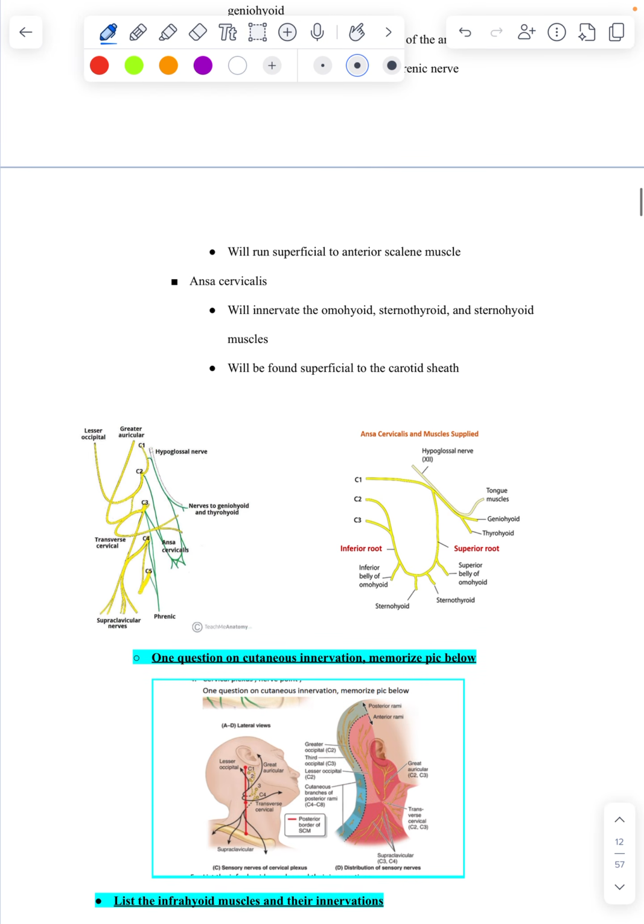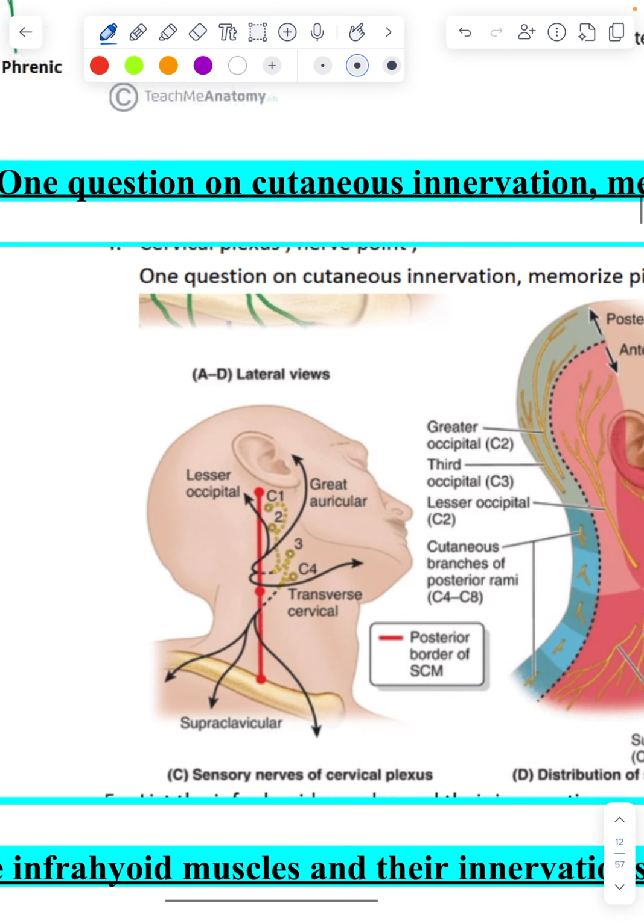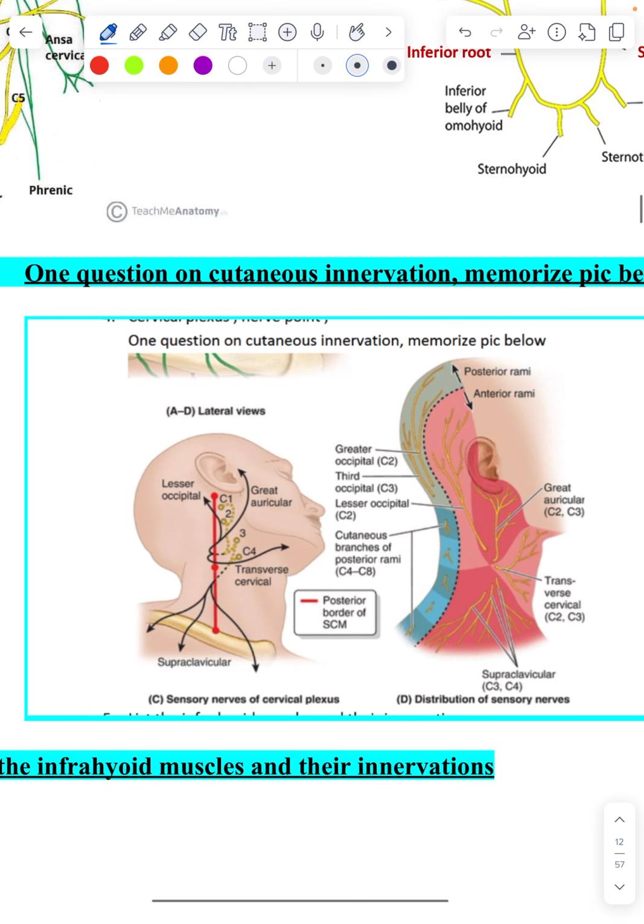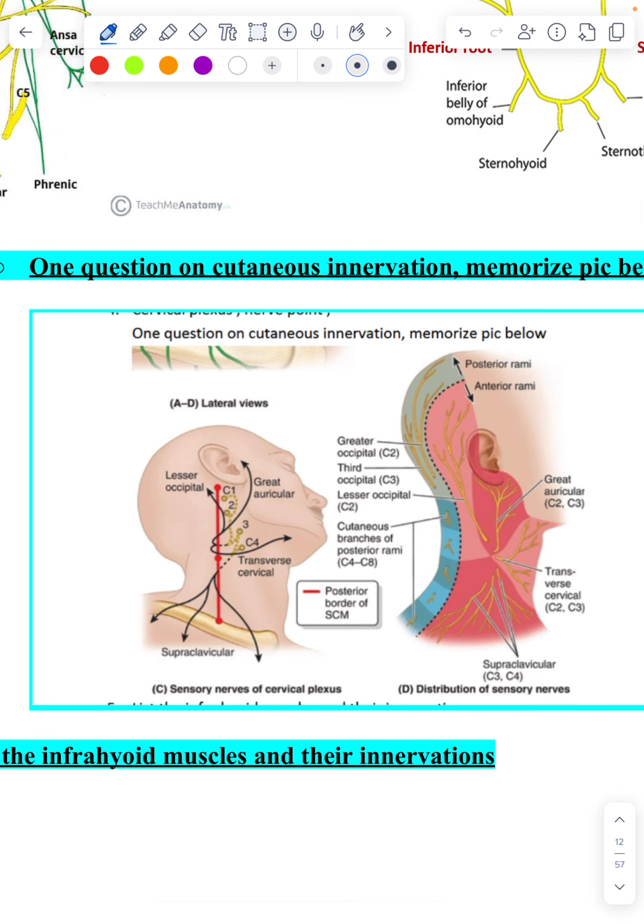There's a good picture all the way here that shows these. So lesser occipital is here and here. It shows you it's the back of the head. The greater auricular one's going to be around the ear down here, so you can see that transverse cervical and greater auricular both start here, so they get C2, C3.